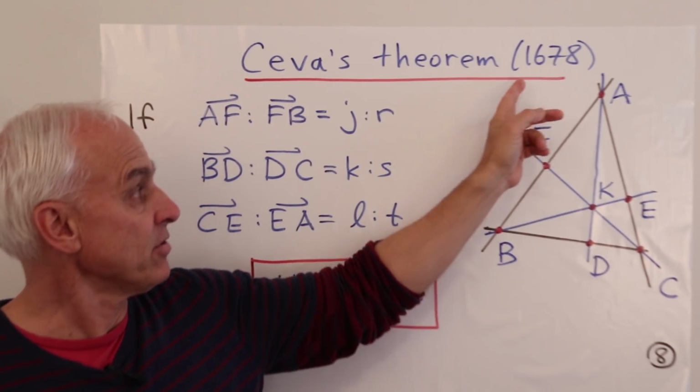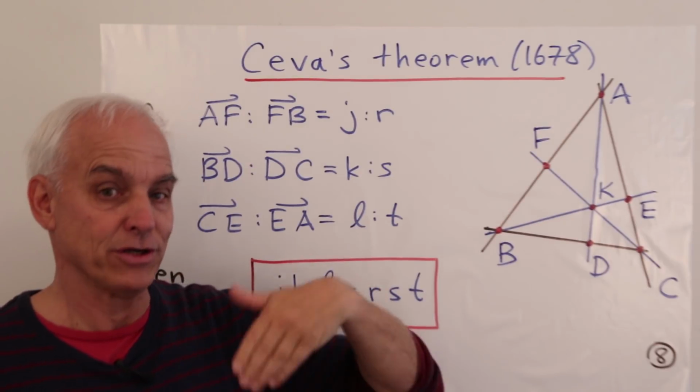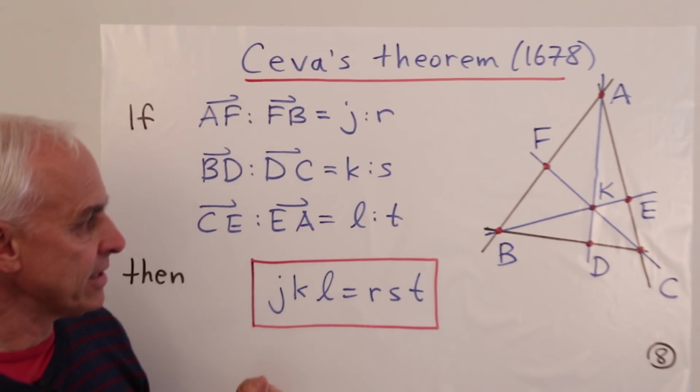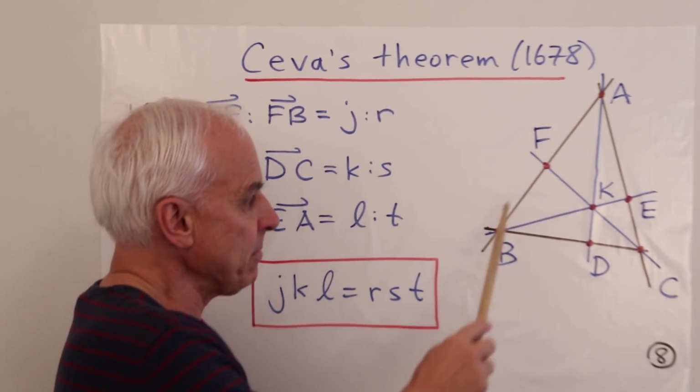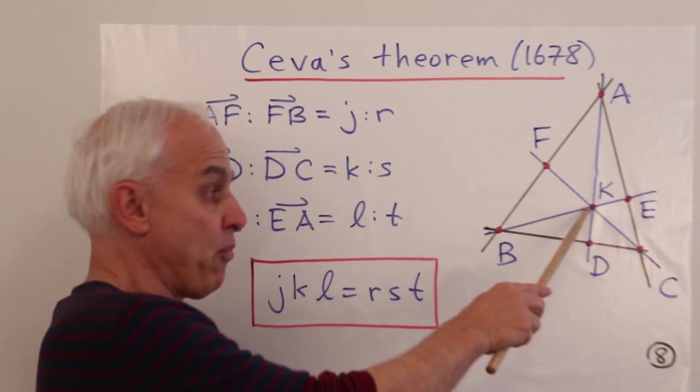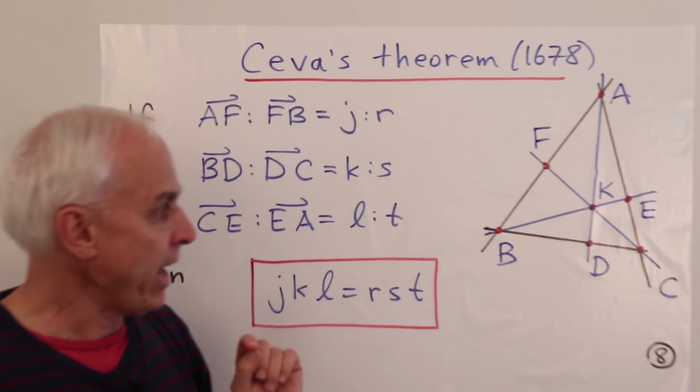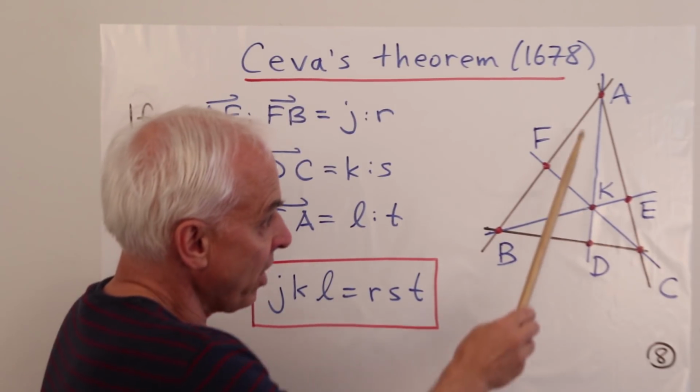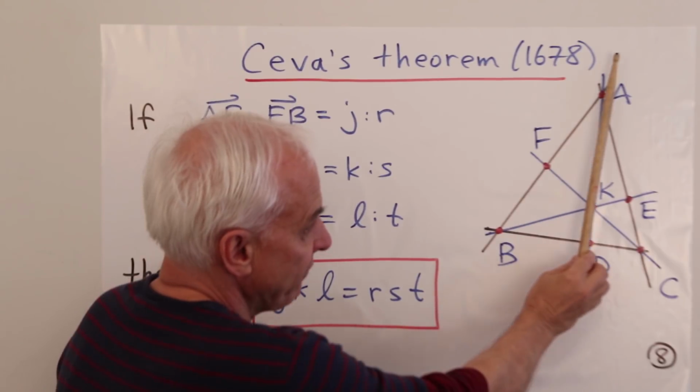Now, there's a closely related theorem due to G. Ceva in around 1678. So quite a long time after Menelaus. And it's very similar. It deals with the triangle ABC, but now instead of an additional line, there's an additional point. Okay, and the additional point allows us to draw these three lines, sometimes called Cevians.